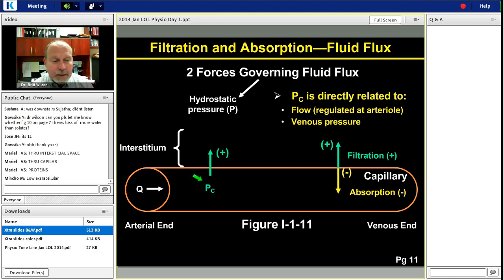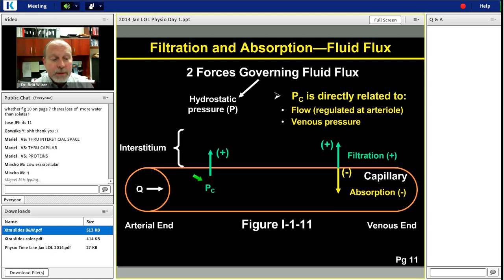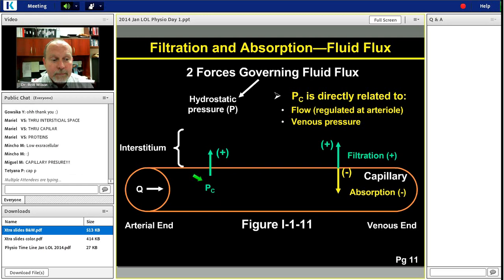You got to put those two together. That venous pressure goes up, capillary pressure goes up immediately.